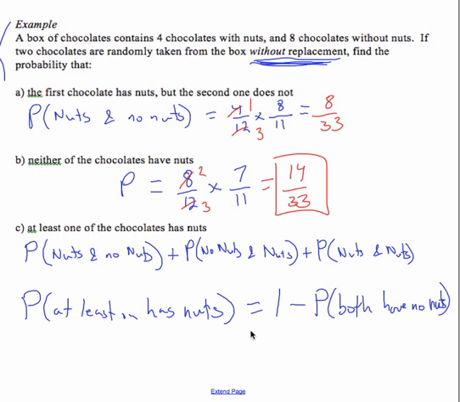So that's what I'm going to do. And so the probability both have no nuts, we actually worked that out in part B. So the answer here is just 1 minus 14 out of 33. And so that's just going to be 33 minus 14, which is 19, right? 19 plus 14 gives you 33. So it's going to be 19 out of 33, right? So those two numbers there add up to 1 because they're complementary events.